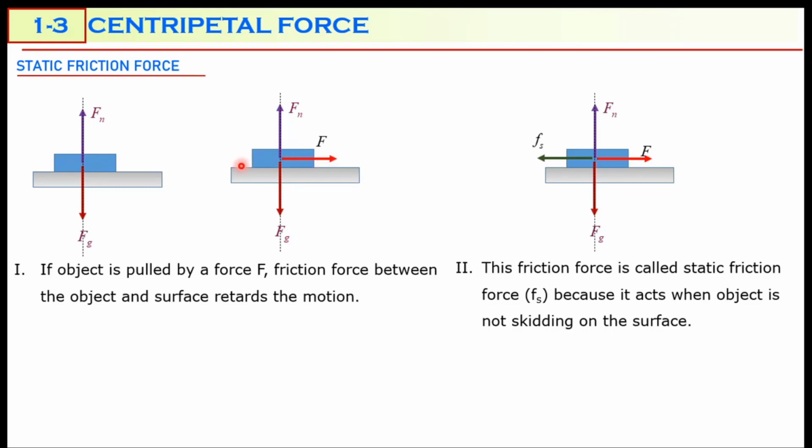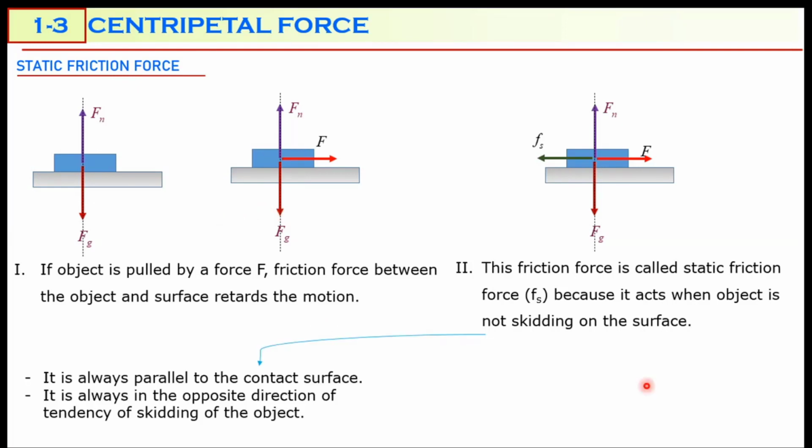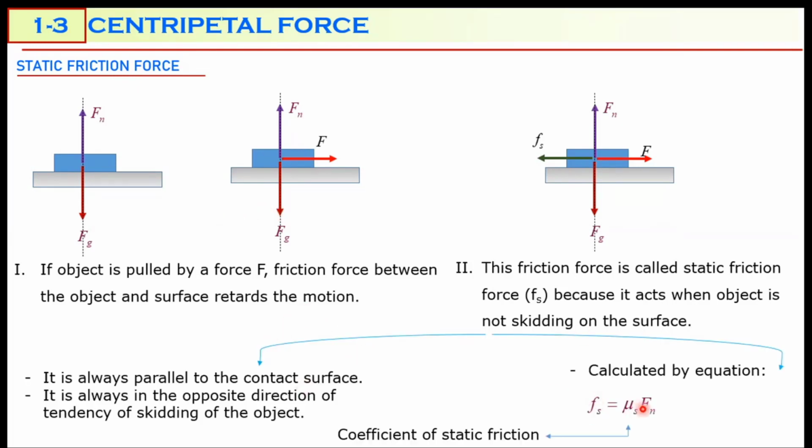But static friction force can have only a maximum value. It can increase 1, 2, 3, 4, but it has a maximum value. That maximum value can be calculated. The maximum value of the static friction force between two surfaces can be calculated by an equation. This equation is Fs, static friction force, is equal to mu s multiplied by Fn.